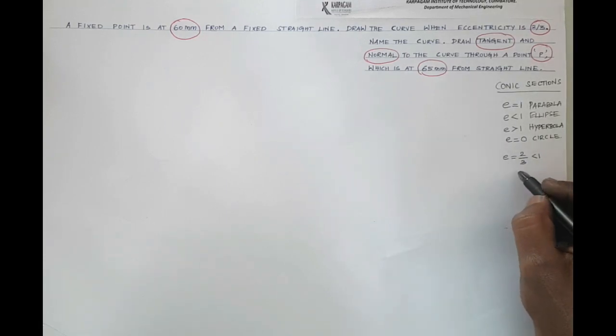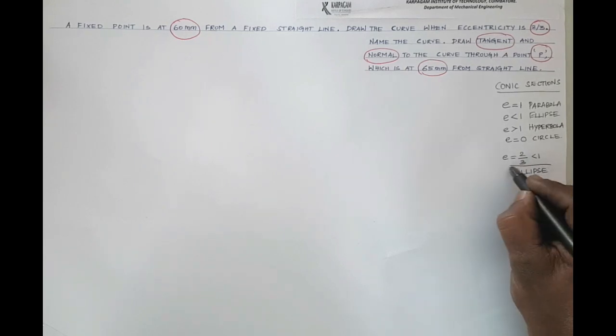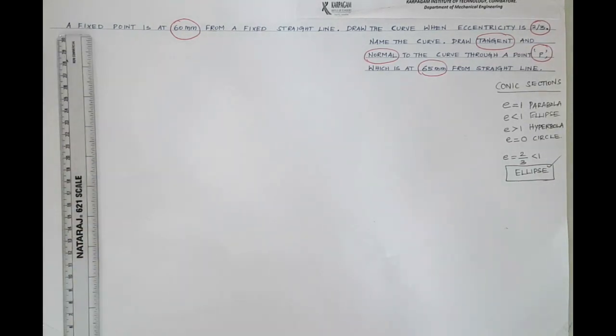So we can say that the given problem statement is used for drawing an ellipse. That means we are going to draw an ellipse. Okay, let's see how to draw an ellipse.